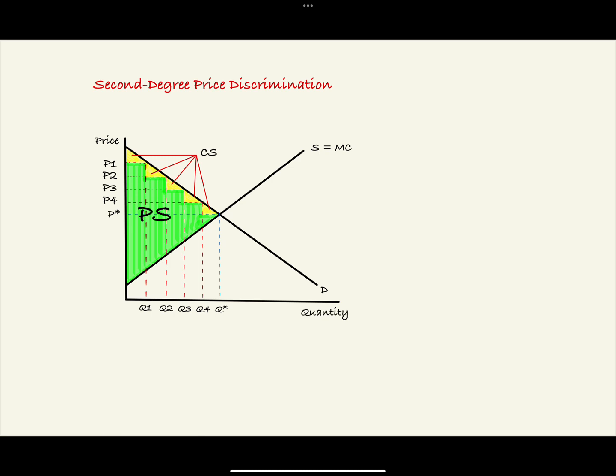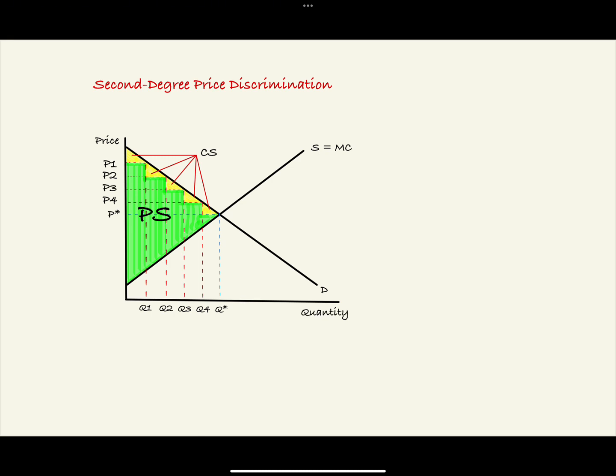Below, we can see the consumer surplus and the producer surplus. Remember, consumer surplus is the difference between the consumer's willingness to pay and the price they actually pay. So each little yellow triangle represents consumer surplus, because the demand curve, which bounds consumer surplus above, represents the price consumers are willing to pay, while the bottom bound of the consumer surplus is represented by the price that they actually pay for each quantity.